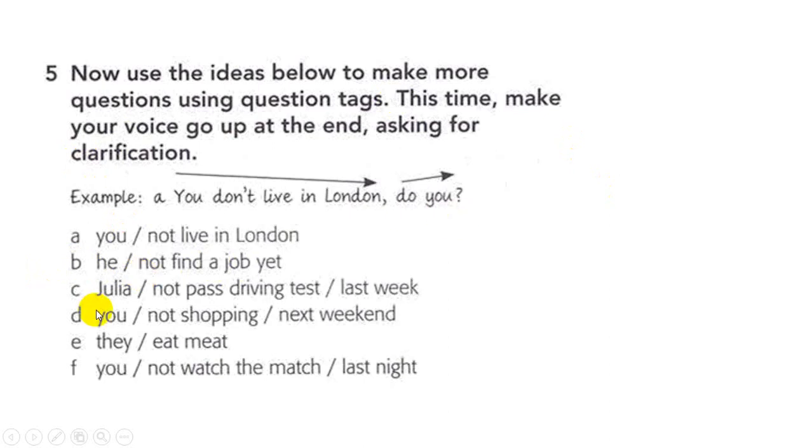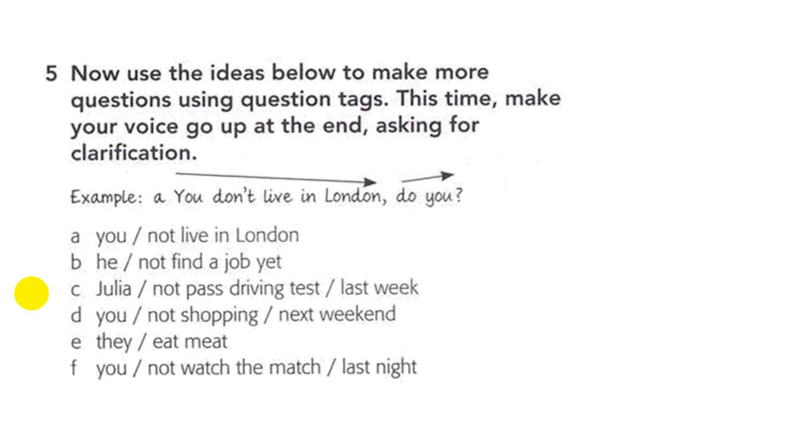Okay. He not find a job. Who will solve it? Okay, I won't solve it. I think this question form is a bit easier than the first, because we are used to raising our voice up at the end of questions. So I think it is easier than the first one.